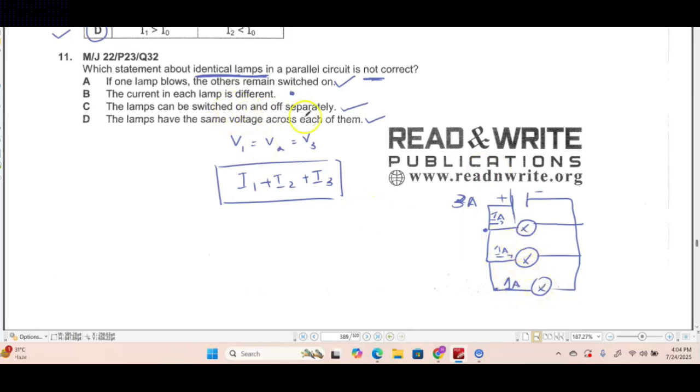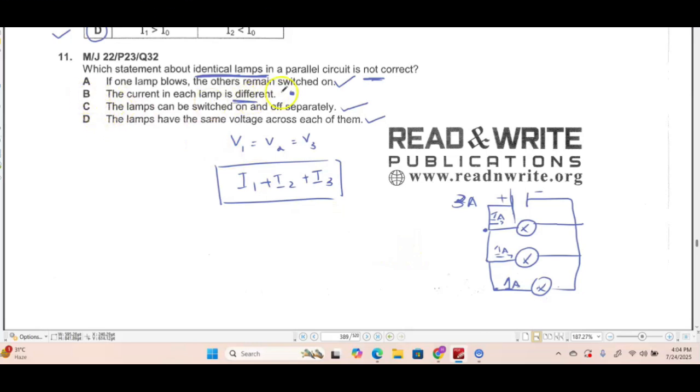So the current in each lamp is not different. I1 plus I2 plus I3 condition holds true when the lamps are not identical, or when there is some other resistance or some other thing connected. Okay? When the lamps are identical, they will have the same resistance. So the same amount of current is going to go in all the 3 lamps.